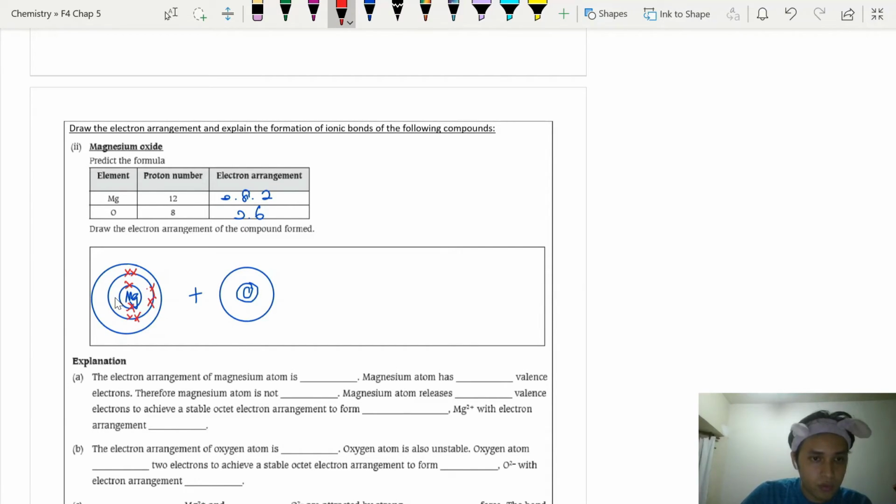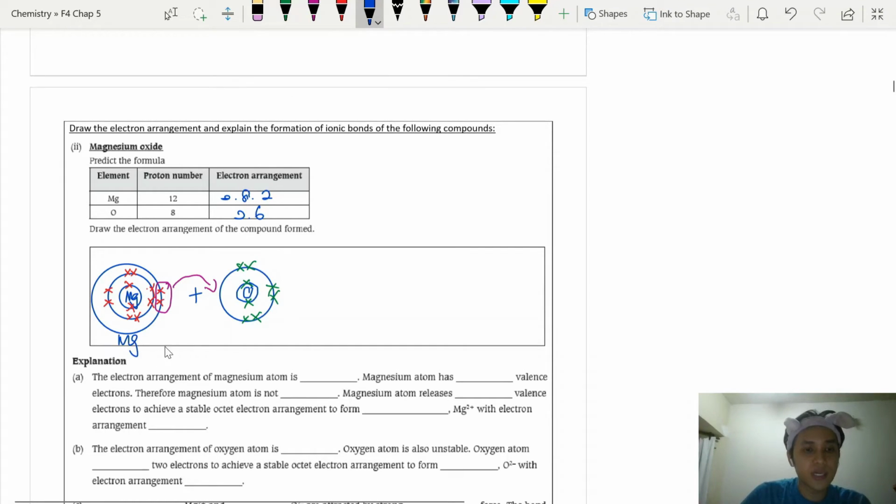Magnesium has 2 in the third shell, and oxygen has 2, 4, 6. Magnesium is going to donate 2 of its electrons to the oxygen. This is the Mg atom, this is the oxygen atom.